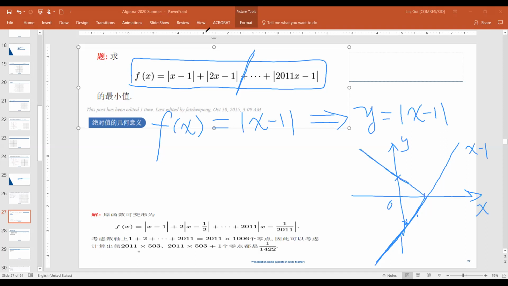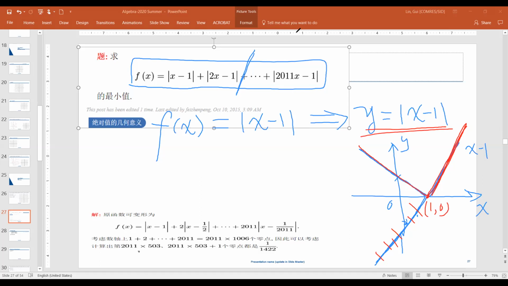It becomes positive. So this part was cleared. We don't need this part, right? Because it's negative. So what we actually use is this part. Right? So here is 1, 0.